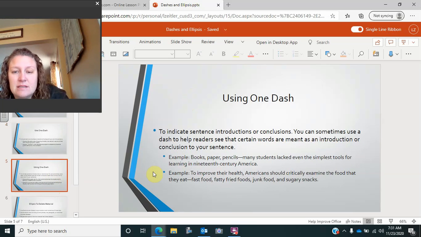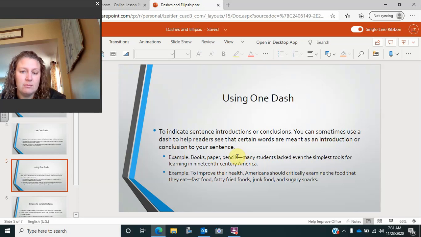To indicate sentence introductions or conclusions, you can also use a dash. This helps readers see that certain words are meant as an intro or a conclusion to your sentence. For example: books, paper, pencils, many students lacked even the simplest tools for learning in 19th century America. Notice that the dash splitting up 19th-century is a small dash, not the same dash we're talking about right now.